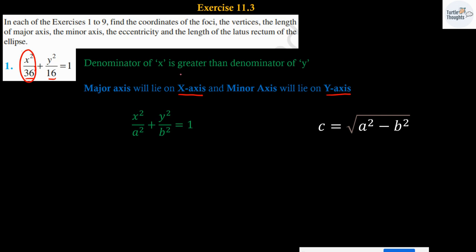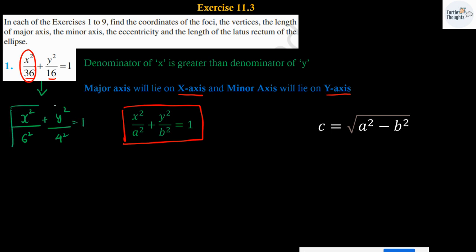Whenever the major axis is lying on the x-axis and the minor axis is on the y-axis, the equation of the ellipse is given by x square divided by a square plus y square divided by b square is equal to 1. Now let me make a note of the question given to me. x square divided by 36; 36 can be written as 6 square. Similarly, 16 can be written as 4 square, is equal to 1.